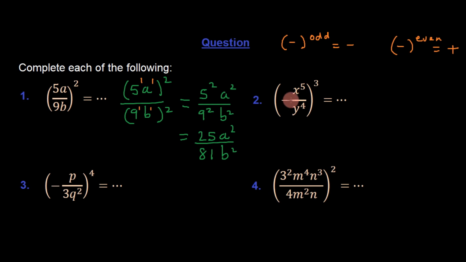In this case, the sign inside the bracket is negative, and it's raised to an odd numbered power, so we know that the answer is going to be negative. Now we can apply law 4 to both the numerator and the denominator. And in using law 3, we can multiply the powers because we have brackets in both the numerator and the denominator.